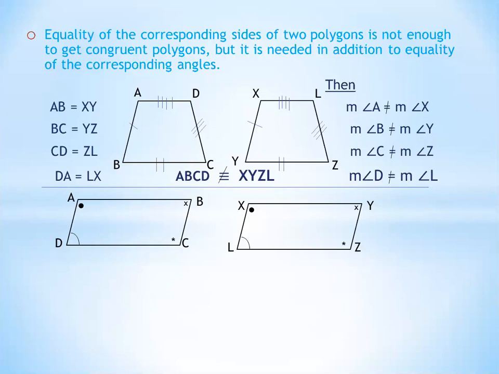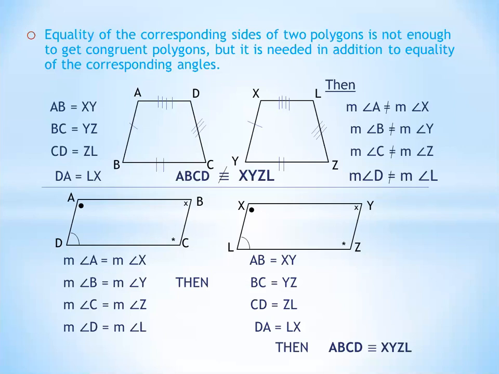If the measure of angle A equals angle X, angle B equals angle Y, angle C equals angle Z, and angle D equals angle L, then AB is equal to XY, BC equals YZ, CD equals ZL, and DA equals LX. So the two polygons, ABCD and XYZL, are congruent.